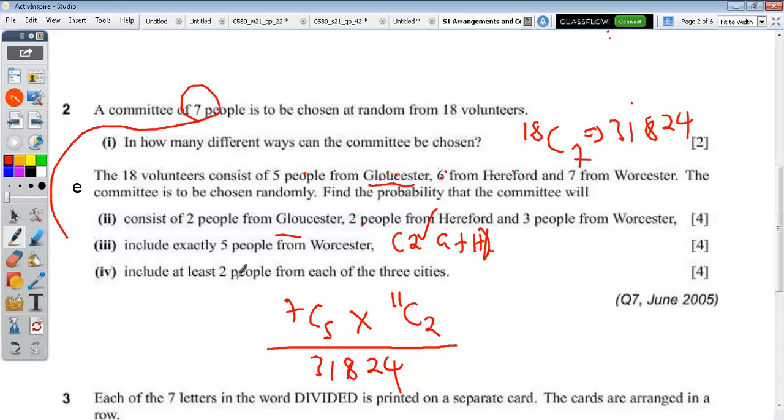So if we are saying exactly 5, it means the other 2 are from those 2 other cities combined. That's why you said 11. Clear? Wait, but if you add the other 2 people from Hereford, that's 7. Yeah, committees always have 7.